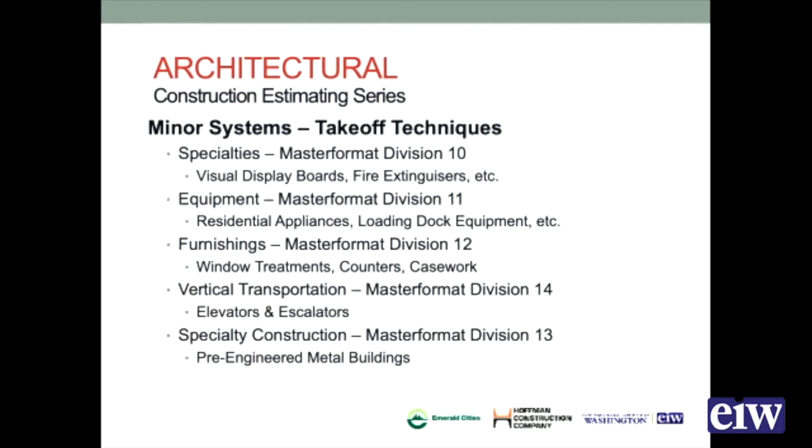Furnishings, so Division 12, those are things like your window treatments, your blinds, mini blinds, shades. It'll have counters and casework in it. Casework is one of those things that can be specified in either Division 6 or Division 12. Typically, the way that it's broken out is custom casework and more standard casework is Division 6.